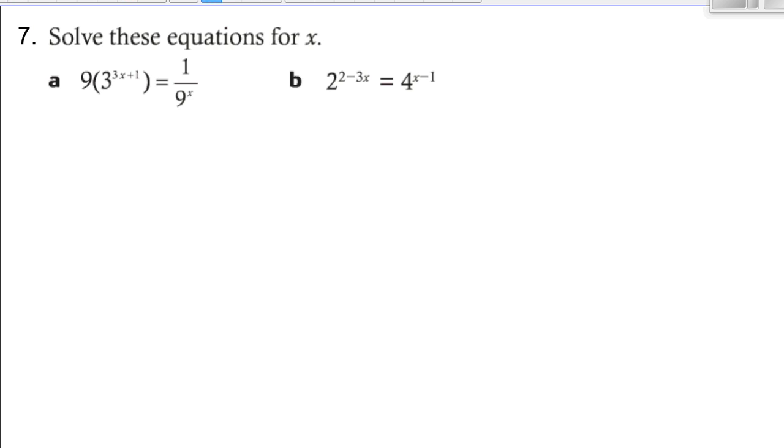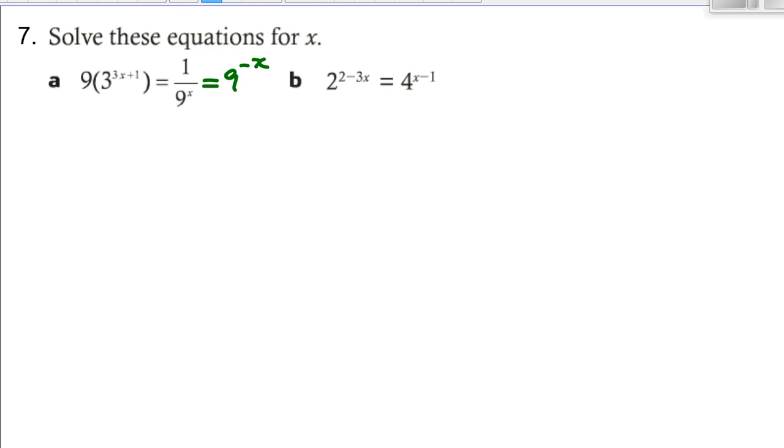Here is another example. Solve these equations for x. Now, what we need to do, I'll start with the first one here, is 9 can be written as 3 squared.